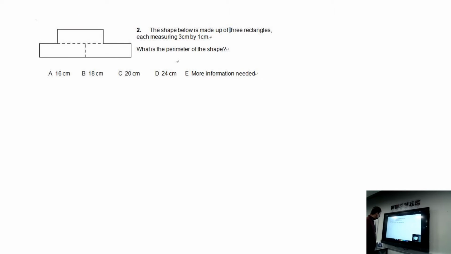Okay, so we need to work out the perimeter of the shape. What do we know? The shape is made up of 3 rectangles. So one side is 3. This is going to be 1, and this is going to be 3. This is going to be 3, and this is going to be 1, and this is going to be 1.